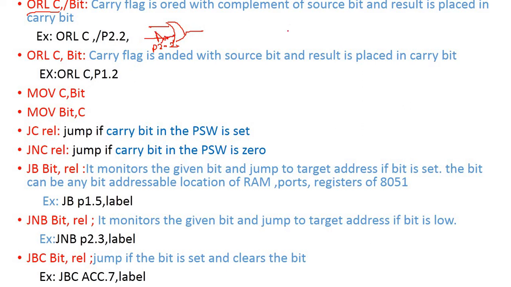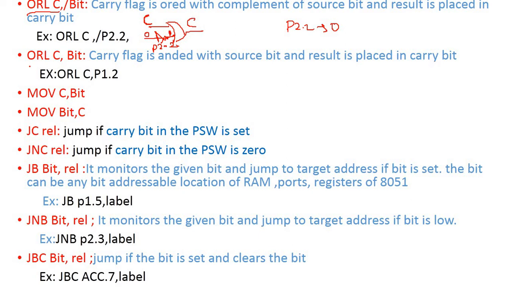For example, P2.2 is having 0 while executing this instruction. So when we use this instruction, here we have a 0, but we are going to do OR with 1 with the carry flag, and the result will be stored in the carry flag.